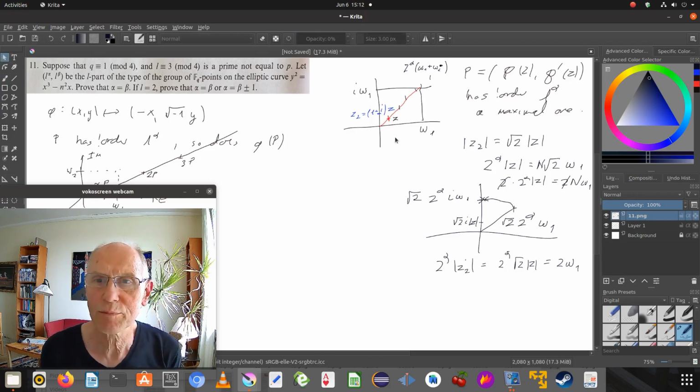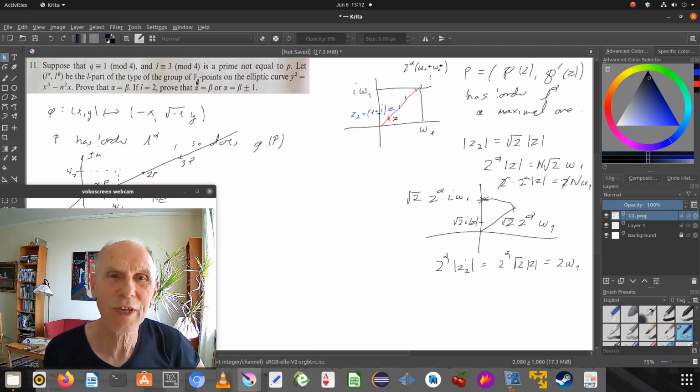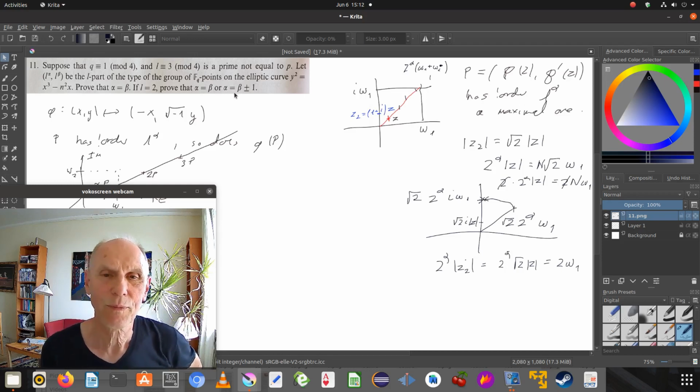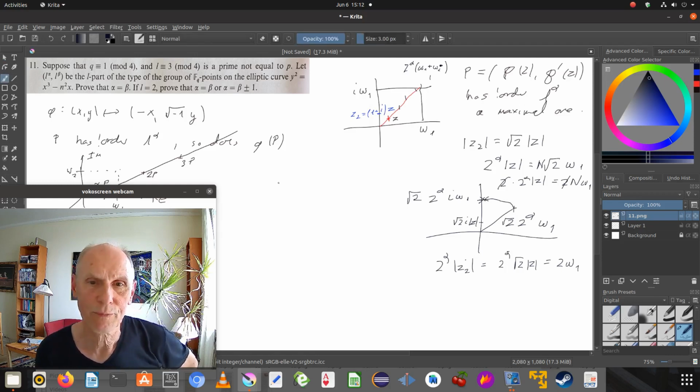The connection between the complex plane and the FQ points would require that we define the Weierstrass P function giving FQ points, and that could probably be done in some fields.